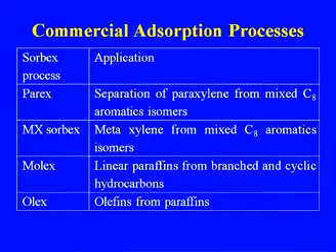Parex for the separation of paraxylene from mixed C8 aromatic isomers, then MX Sorbex for metaxylene from mixed C8 aromatics, the Molex process that we use in the manufacture of linear alkylbenzene, linear paraffin from branched and cyclic hydrocarbons, and the Olex process, because some of the olefins have close boiling points, especially when we are separating the C4 components from FCC gases or the steam cracker. So for the separation of close boiling olefins, the Olex process is used.